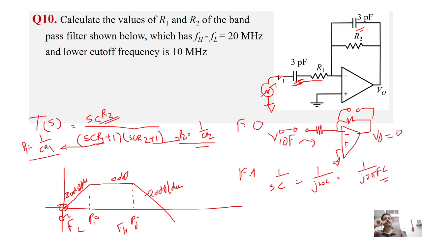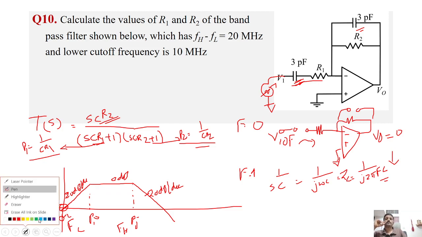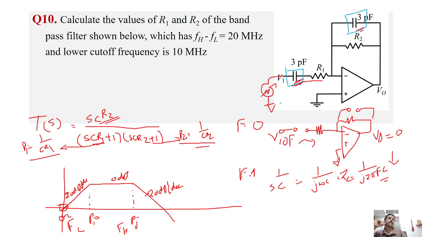As the frequency increases from 0, this impedance ZC will start decrementing. Initially at lower frequency, this capacitor will impart very high impedance, so it is almost like a very high impedance resistor kept in series with R1.